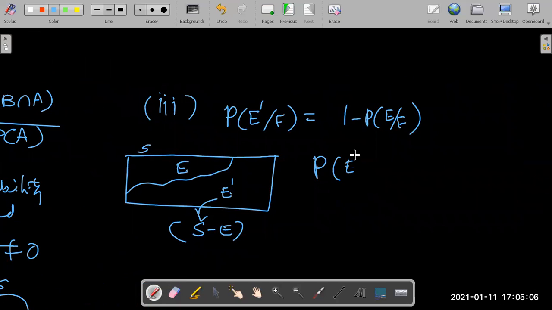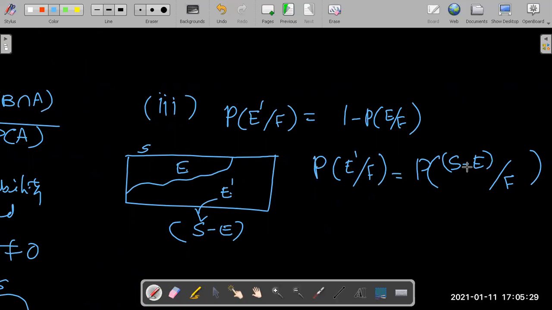The probability of E dash given F equals the probability of, I replace E dash with S minus E, given F. You can write that as S minus E, or you can write S as E union E dash.